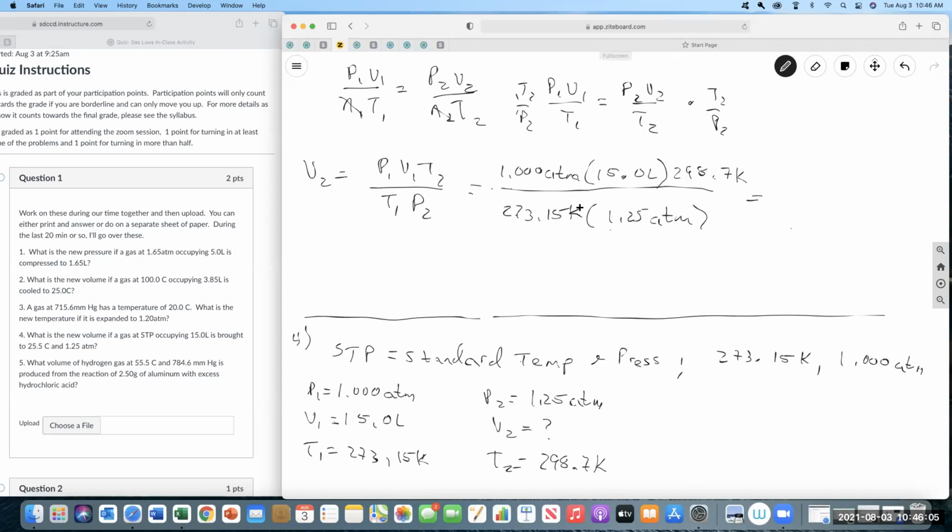Notice that my units are going to cancel. I'm going to come up with volume. That's good. All right, so 15 times 298.7 divided by 273.15 divided by 1.25. I get 13.1 liters.